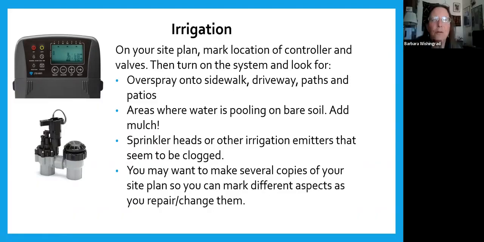Yeah, and in order to be the most water wise, you really have to have your hydrozones dialed in so that you're not over watering some and underwatering others.